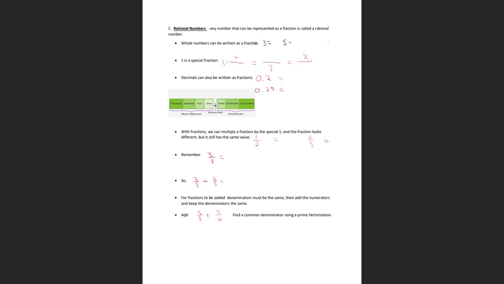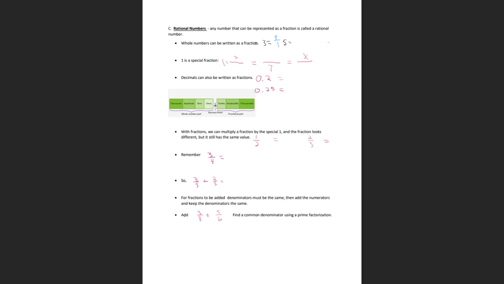If I look at whole numbers, say the number 3, can I write 3 as a fraction? Well, actually, I can by writing that as 3 over 1. So whole numbers are also called rational numbers since they can be expressed as fractions.